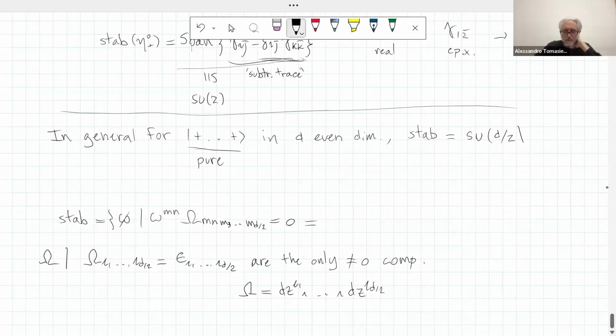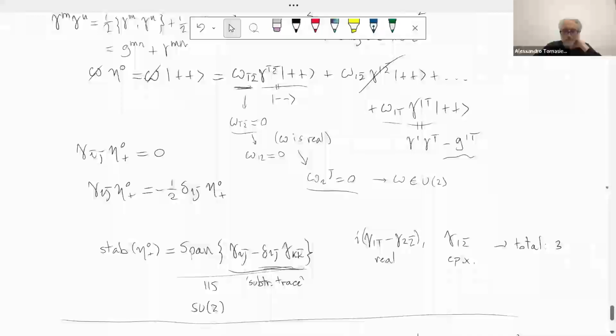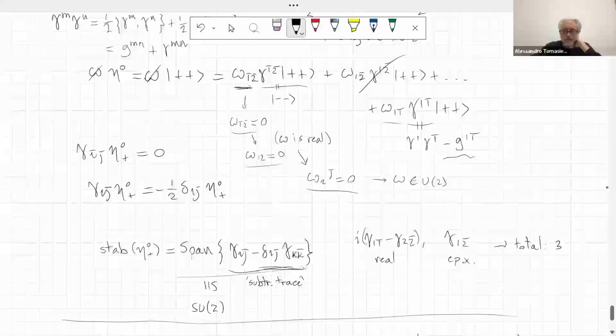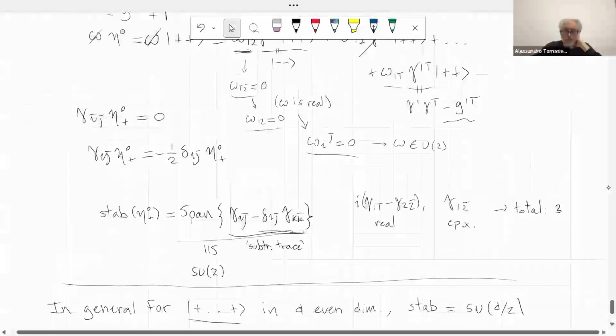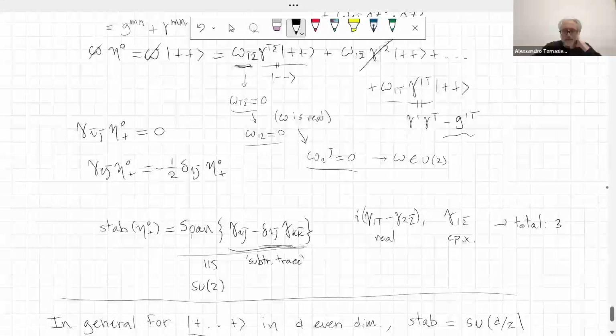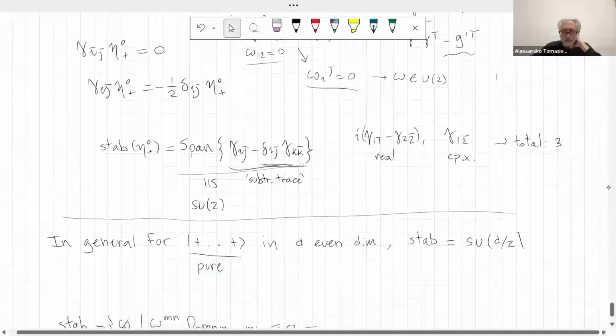And this is this condition here. It captures this condition that we had here, that the omegas 1, 2 in this case, without bars lower, were 0.